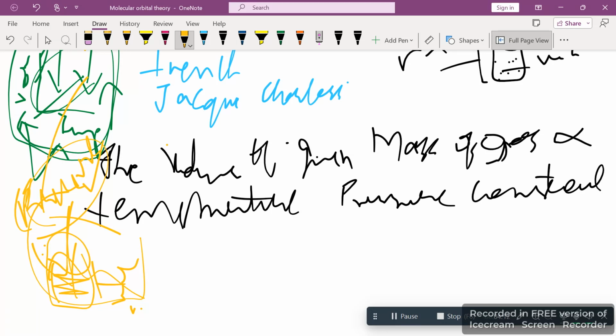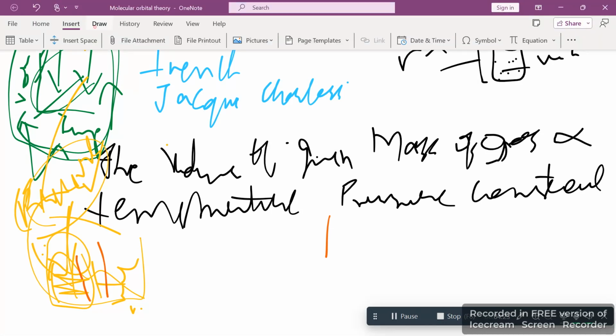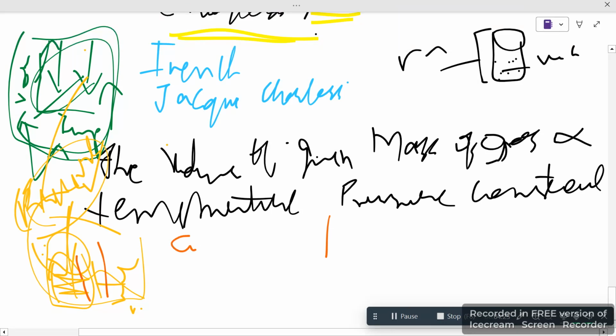Okay, then there are some conditions. Here are the conditions.